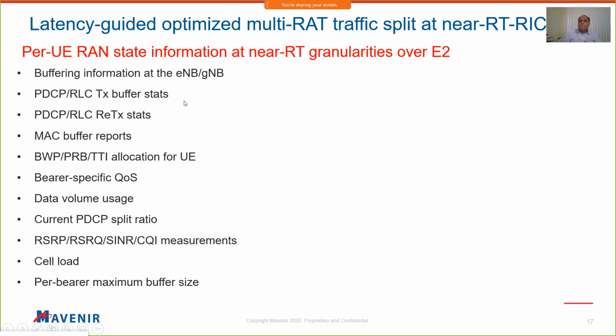And these measurements are reflective of the instantaneous RAN state information about the user, which includes information about the buffering of the user at the E node B, G node B, buffer statistics, retransmission buffer statistics, rate allocation, resource allocation, quality of service, current packet split ratio, and again signaling measurements, etc. These are all UE-specific RAN state information based on the instantaneous channel conditions, and these are sent at near real-time granularities.